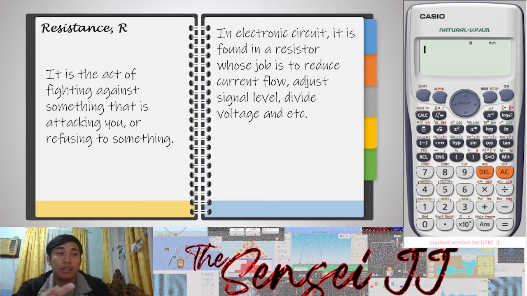Those are the things that the resistor does as the resistance. So in electricity, its primary job is to resist the electric current flow.